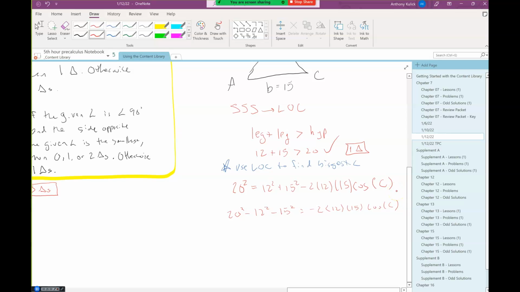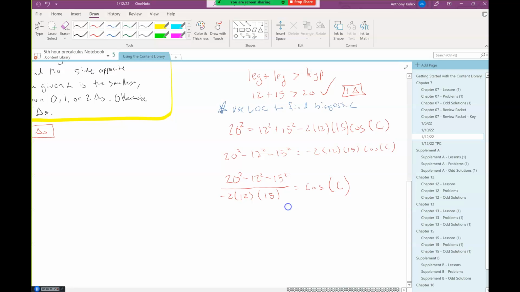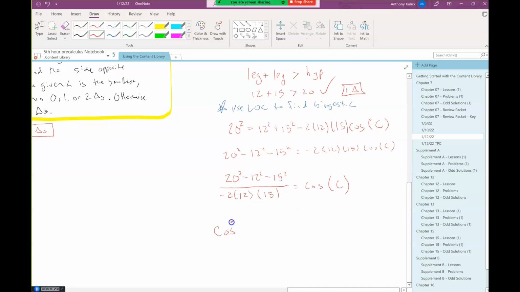To get that stuff to the other side, I have to divide it. Everybody cool with the algebra to this point? And then we'll do the cosine inverse to both sides.